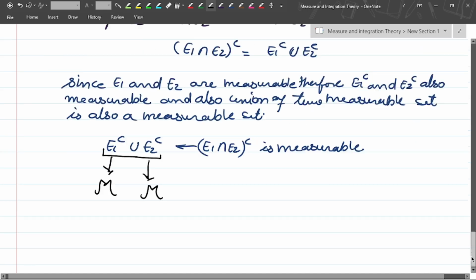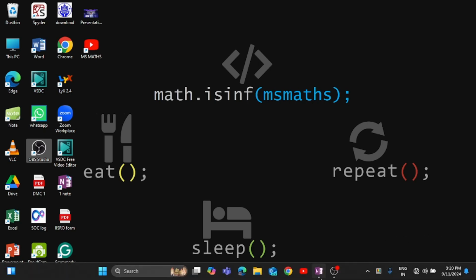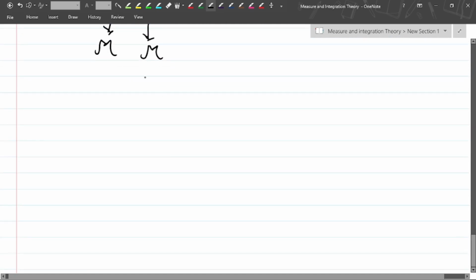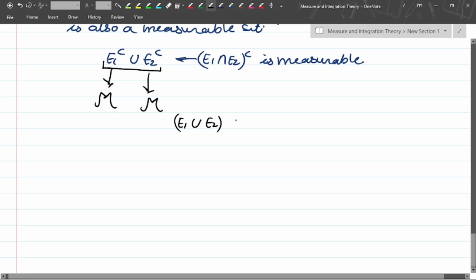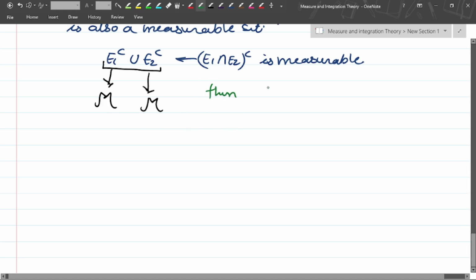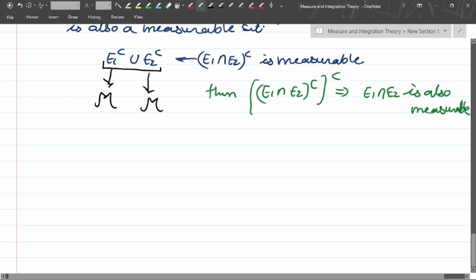So that's why it is a measurable set. Then the complement of the complement of E1 intersection E2 is nothing but E1 intersection E2, which is also measurable. It is the complement of a measurable set, which is also a measurable set.